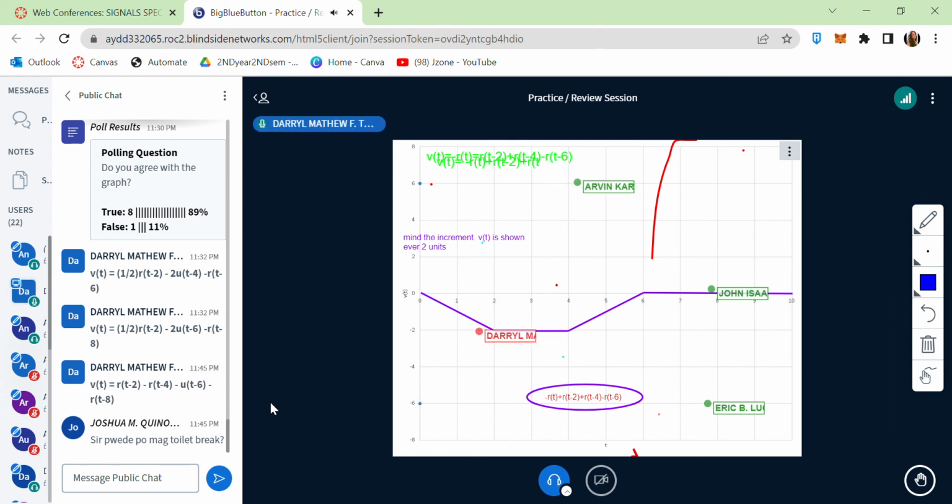Yung magiging next part, obviously, yung bakit siya nag-flatline. So ang kailangan mangyari, starting t equals 2, kailangan natin ma-counteract yung nandun na slope. So yung minus 1 na slope natin, ano yung pwede natin idagdag na ramp function para mag-flat siya? Simply, isa pang ramp function na yung amplitude niya would be 1.